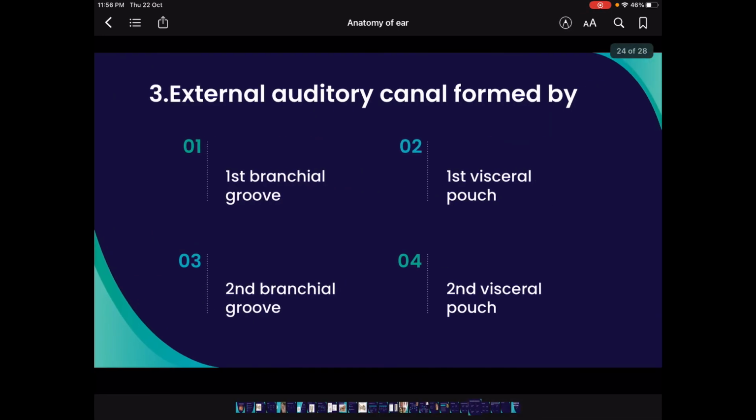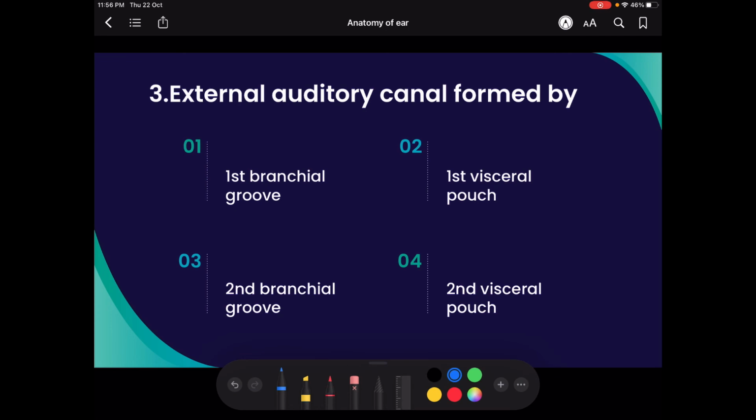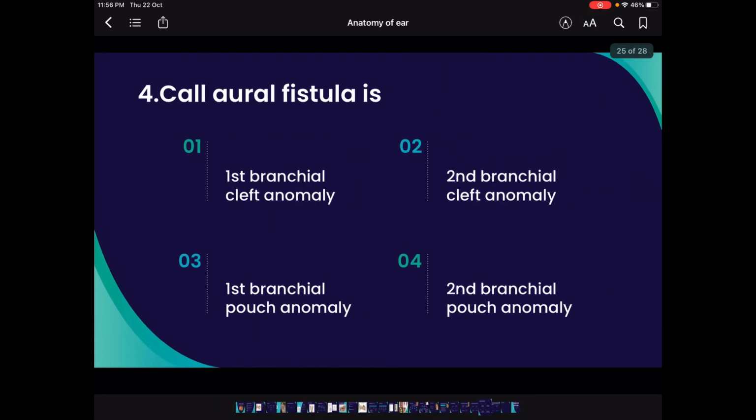The external auditory canal is mainly formed by the medial growth of the first branchial cleft, that is the first groove. The next thing is the coloboma fistula. Coloboma fistula is which type of anomaly?